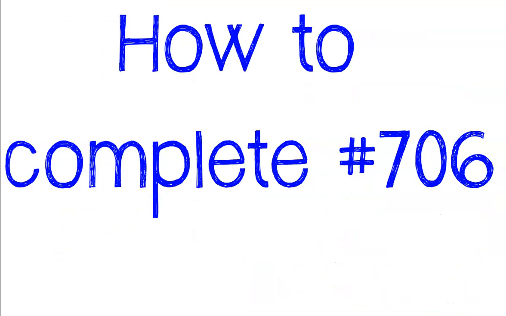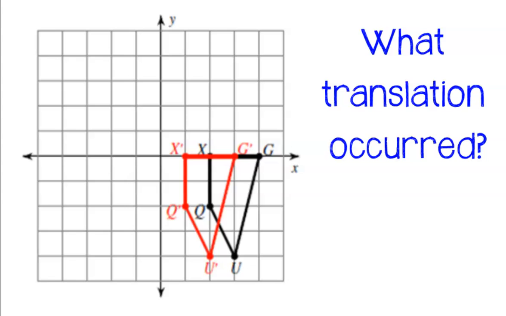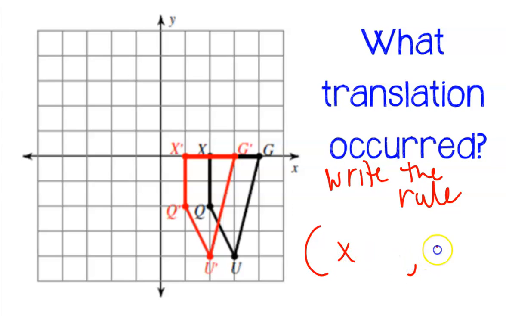Let's take a look at another one here. How would we describe the translation that occurred? If I said, write the rule, then you're going to start like this. And you're going to think about what numbers you're going to add, or what number you might subtract, because we don't know what's going to happen, but that's how we begin.